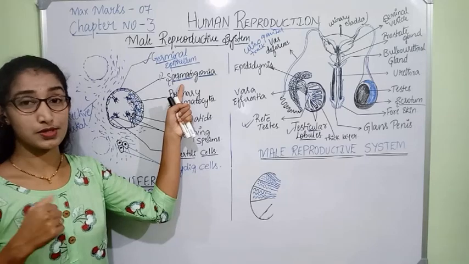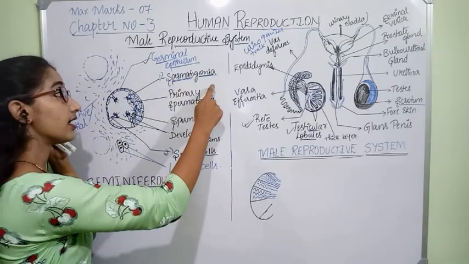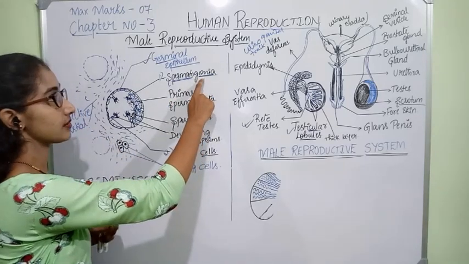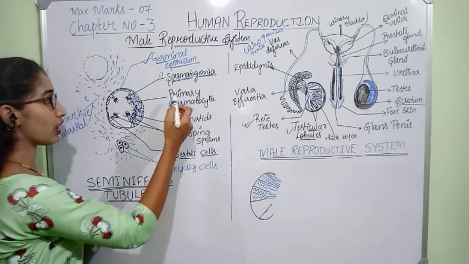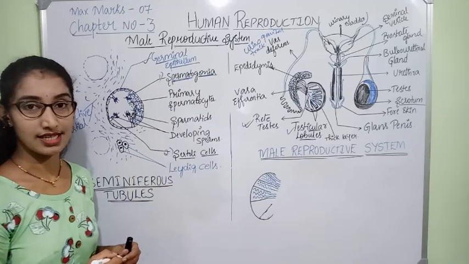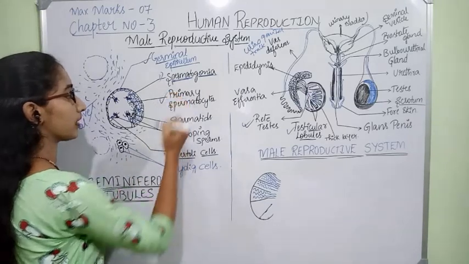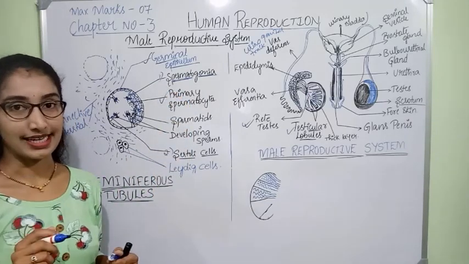The number of chromosomes will be reduced, and these spermatogonial cells will undergo meiotic cell division to form the next stage of cells, which are the primary spermatocytes.